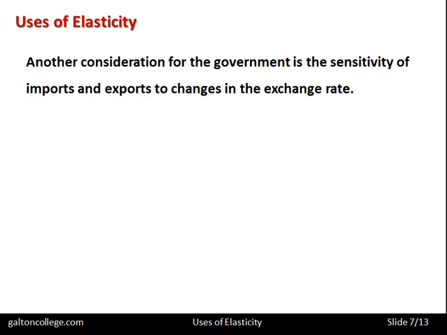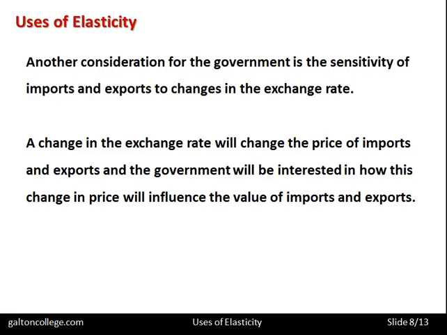Now when the exchange rates change, the price of imports and exports also change. It's important that the government understands the connection between elasticity of demand and the exchange rates. A change in the exchange rate will change the price of imports and exports, and the government will be interested in how this change in price will influence the value of imports and exports.